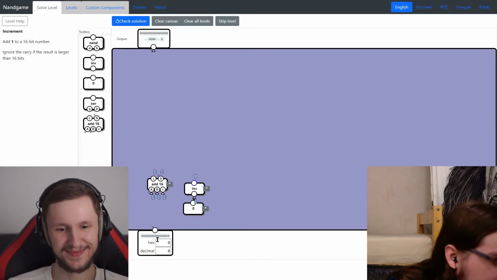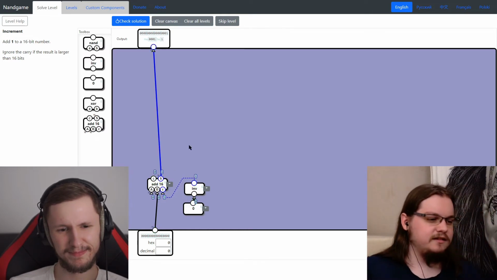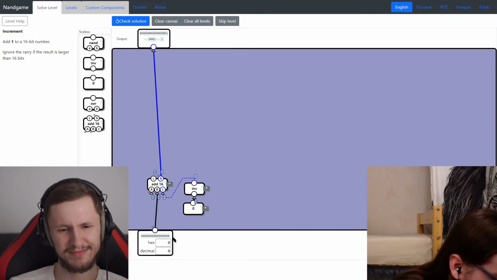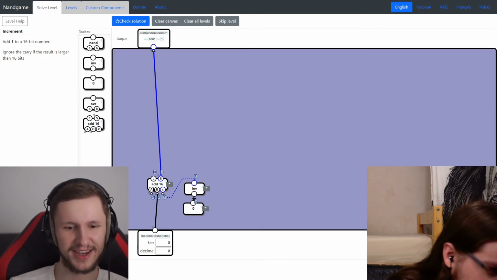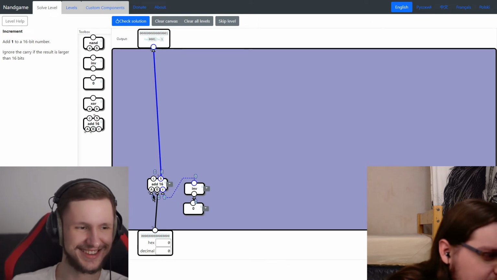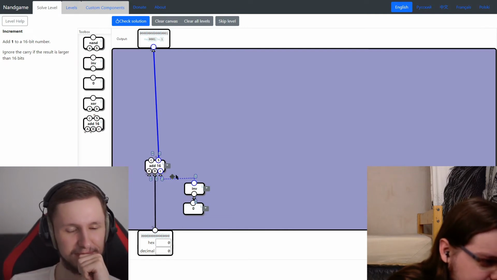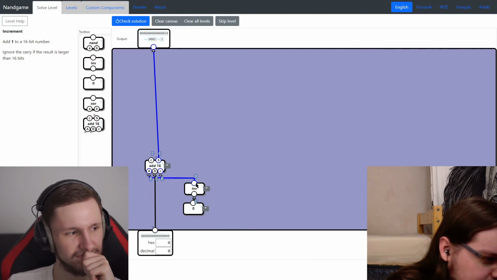Wait, this is a 16-bit number? I know I didn't explain anything. So first of all, it says in a very small font, it says 16 right here. So it actually is 16 bits, and so I'm adding a 1 via the carry because I don't think I can add a singular 1 to this.